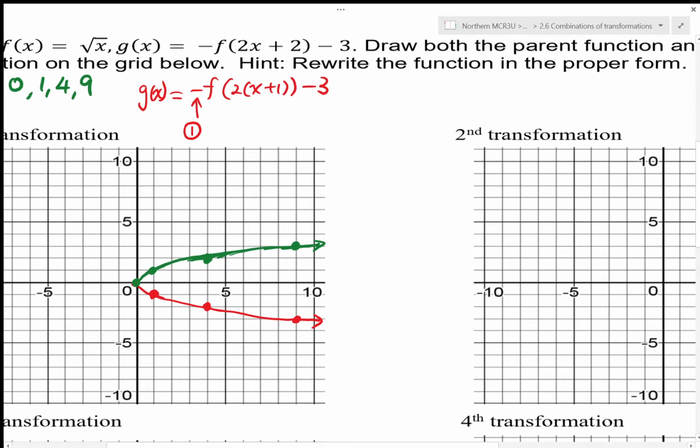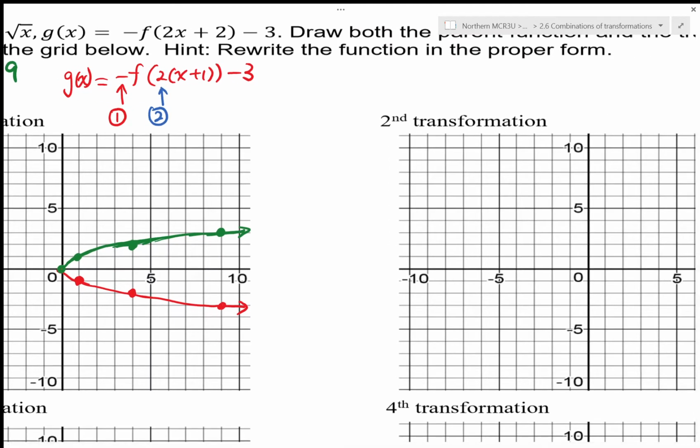Now the second thing that we see here is the 2. Hopefully you recognize that this is the horizontal compression by a factor of 1/2. Remember, it's by a factor of 1/2. That means you're multiplying some value by half, so all the values are compressed, right?